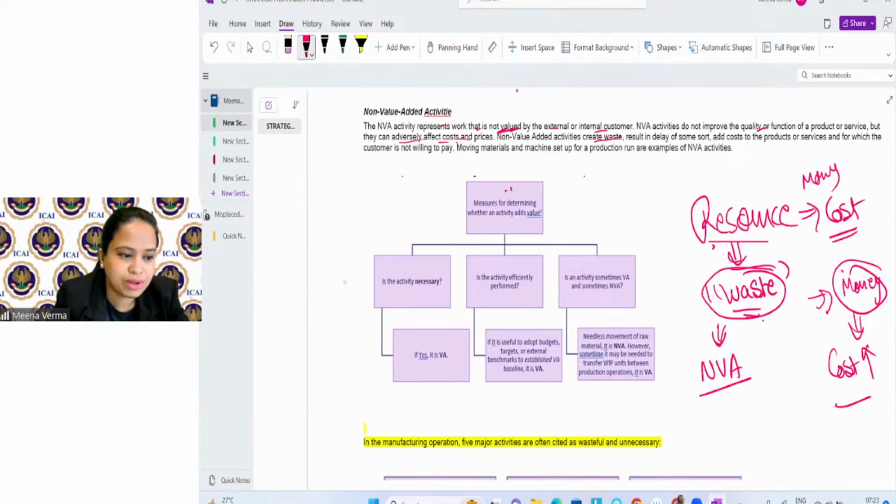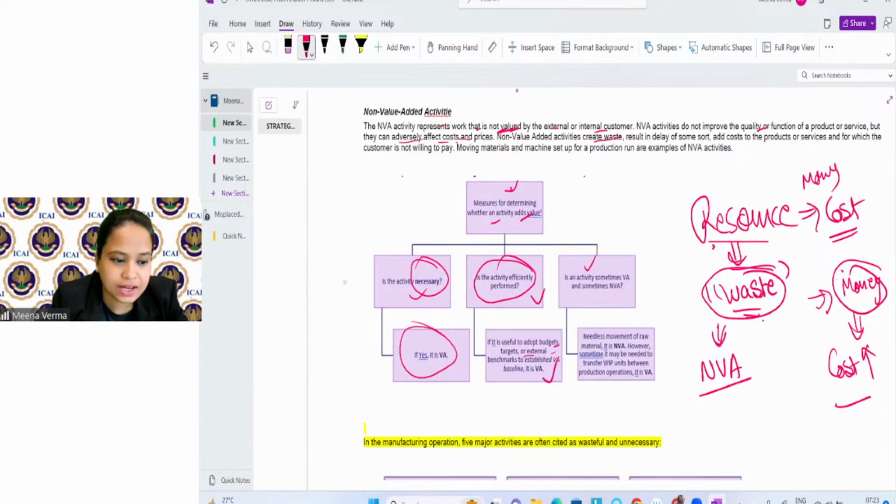So measures of determining whether an activity is valuated or not. Is the activity necessary for the organization? Yes, it's a valuated activity. Is it necessarily effectively performed? If it is useful to adopt budgets, targets, external benchmarks, then obviously it's a valuated activity.